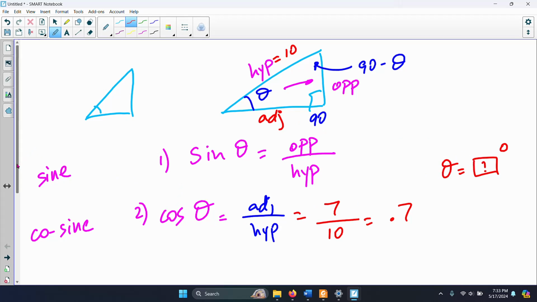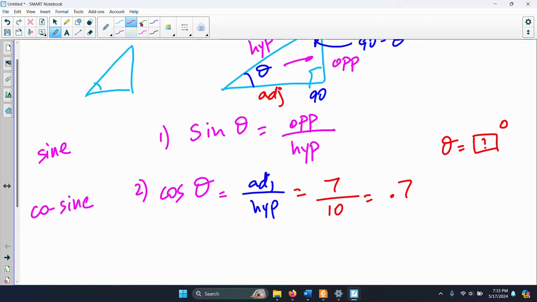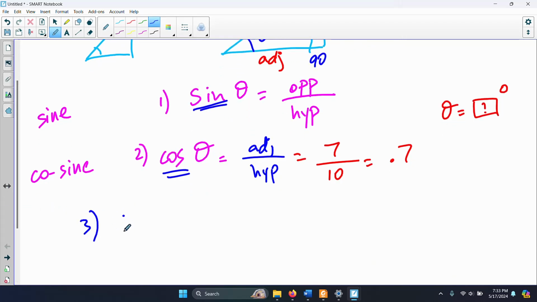Anyway, there's at least one more of the primary definitions. Sine is the first one, cosine the second one, and the third one being tangent. It's abbreviated tan theta. It's pronounced tangent theta or tangent of theta, whichever way you just say it.